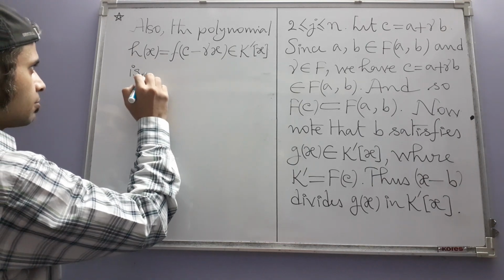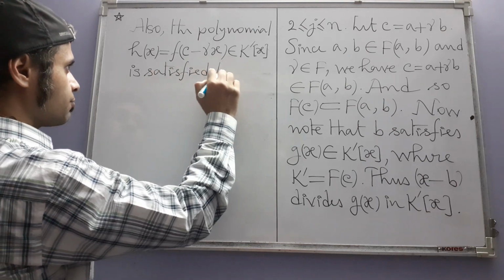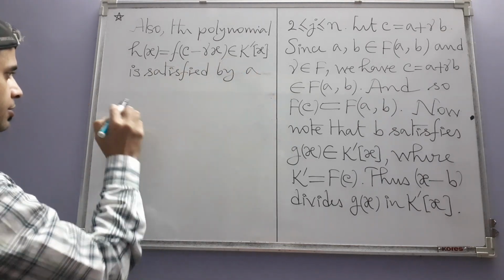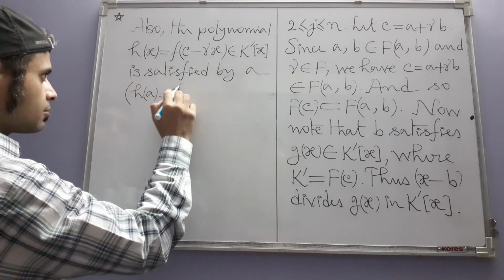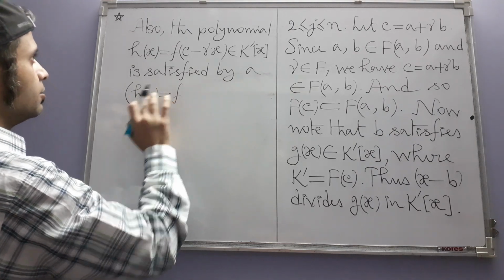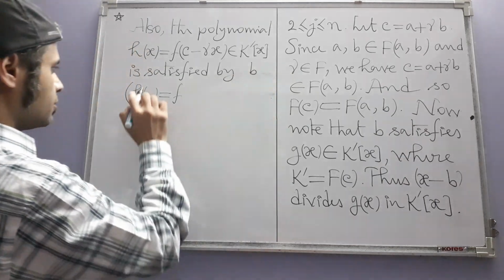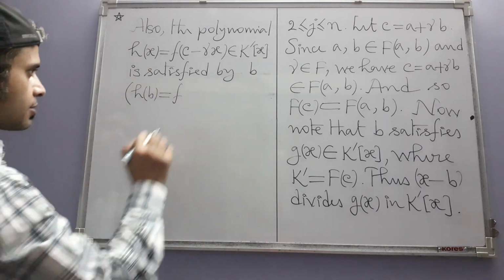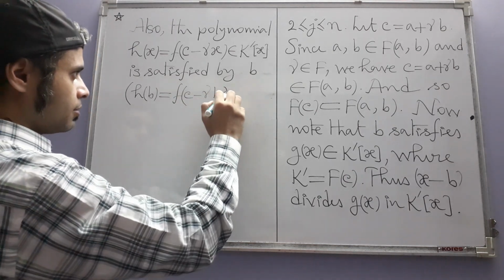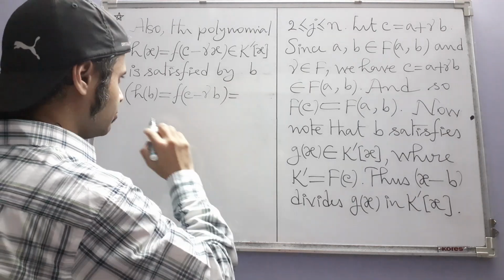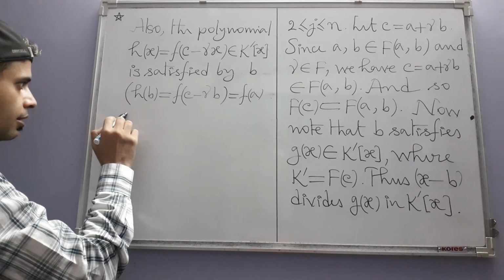It is satisfied by, oh sorry, not satisfied by A but satisfied by B itself. You substitute B for x and you get f of (C minus gamma B). But C minus gamma B, by the definition of C, is equal to A, and f is satisfied by A, so this is 0.